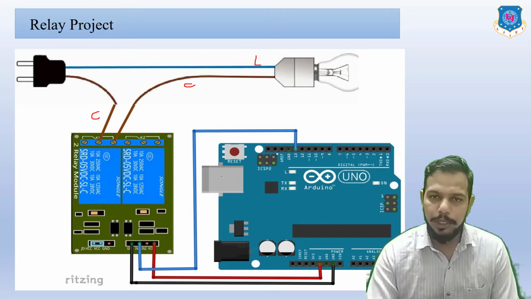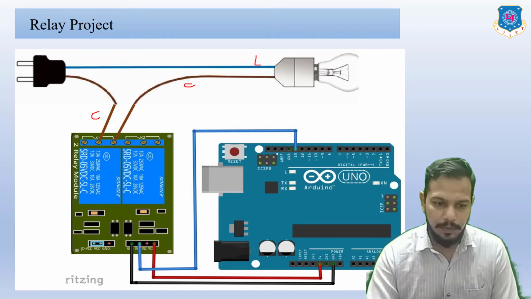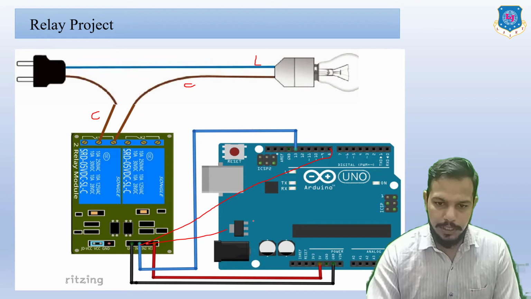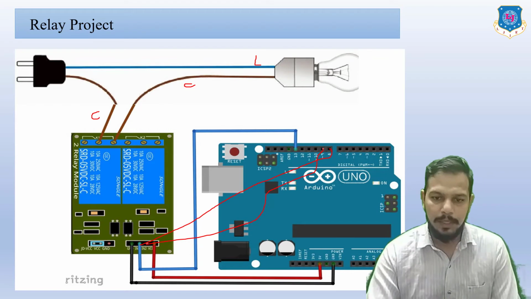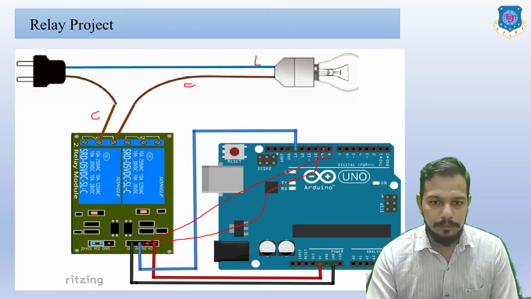Now make sure according to your program, whatever pin you have defined, you connect it to the Arduino board. If lamp number 1 is defined as pin number 8, then it should be connected to pin number 8. So here you can see this is IN1, so it is going to be connected to pin number 8. IN2 is going to be connected with pin number 9, because we defined these as integer values 8 and 9.